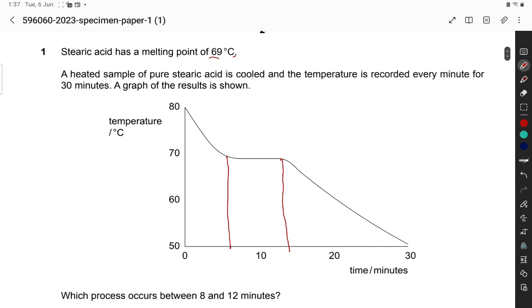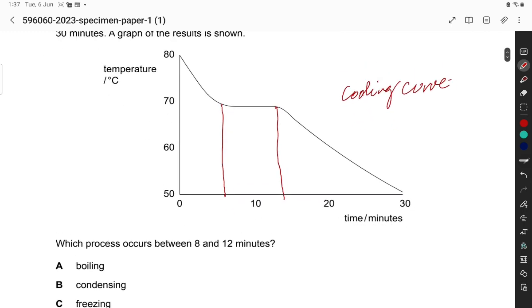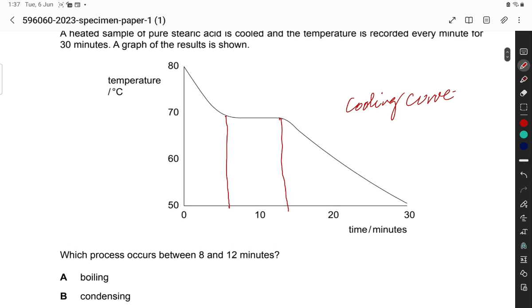So stearic acid has a melting point of 69 degrees centigrade. A sample of pure stearic acid is cooled. This is a cooling curve basically. This is time 10, 20 and 30.